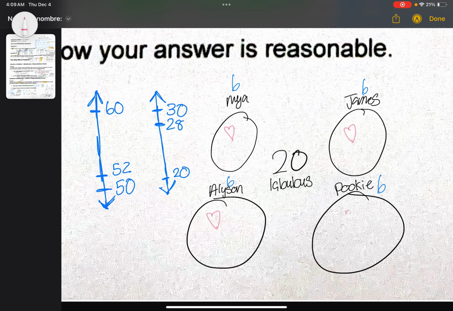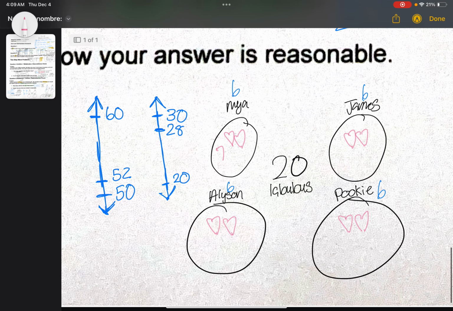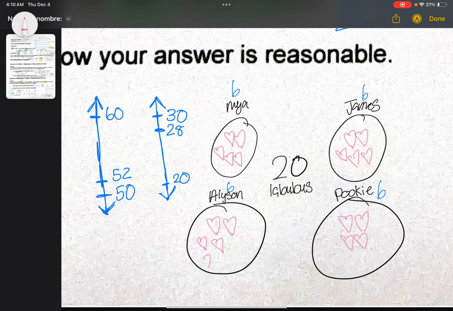You're going to have 3, then 4, 5, 6, 7, 8, 9, 10. Now we're going to keep going to get to 20, so you need 10 more. 10, 11, 12, 13, 14, 15, 16, 17, 18, 19, 20.